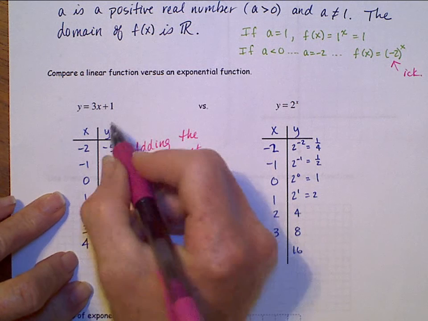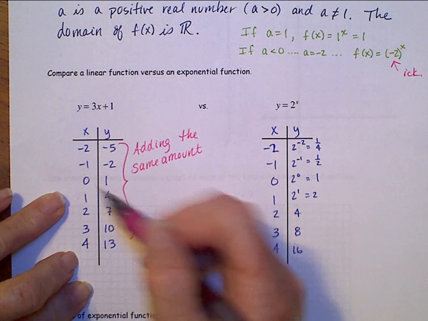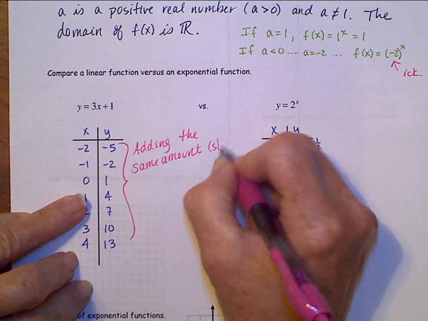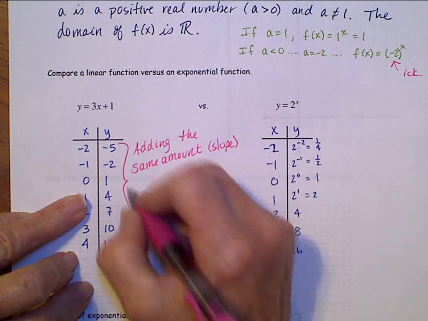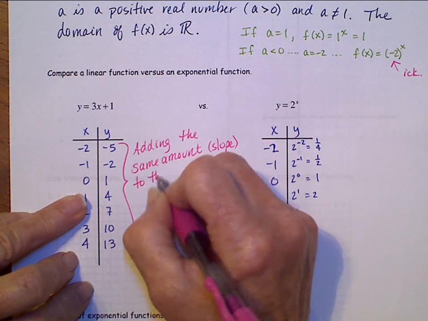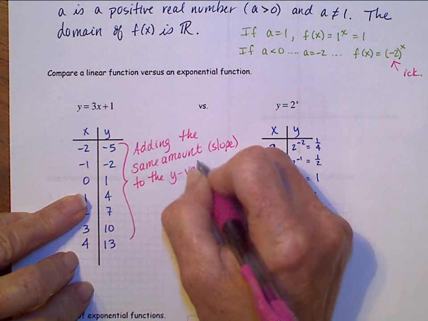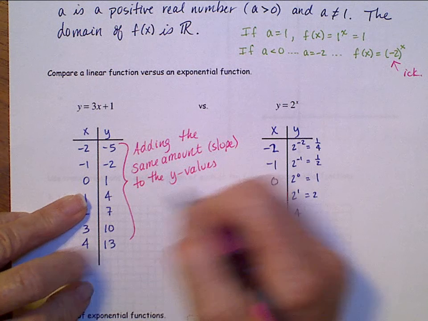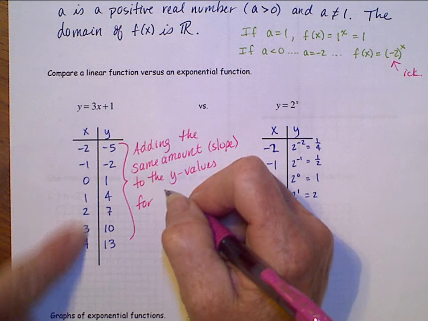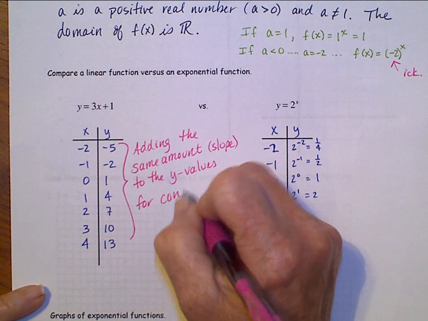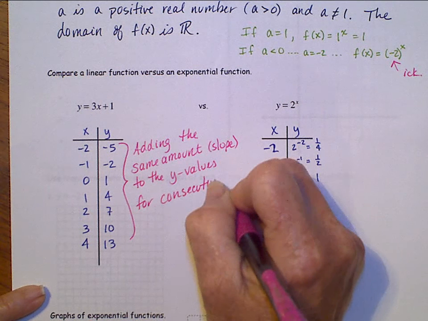Oh, look at that. It was the slope in that linear equation. Adding the same amount, which is the slope, to the y values for consecutive x values. So these x values are consecutive numbers.